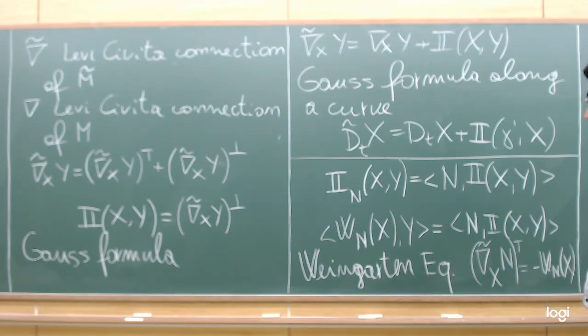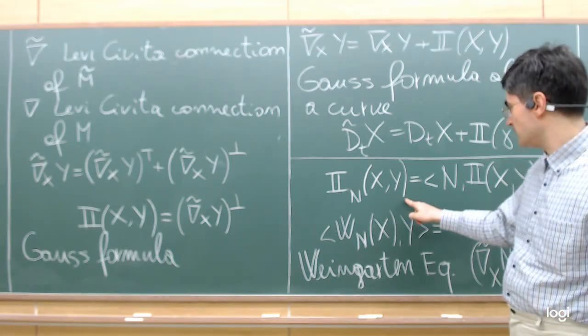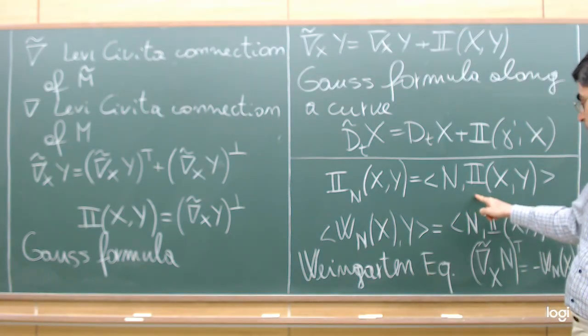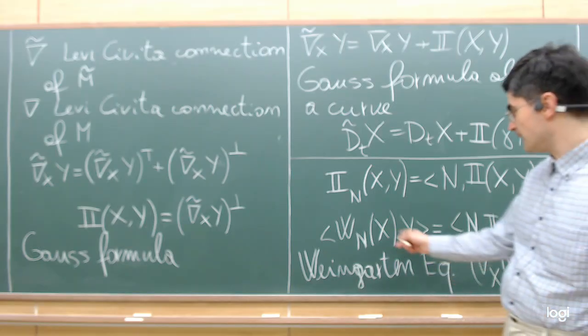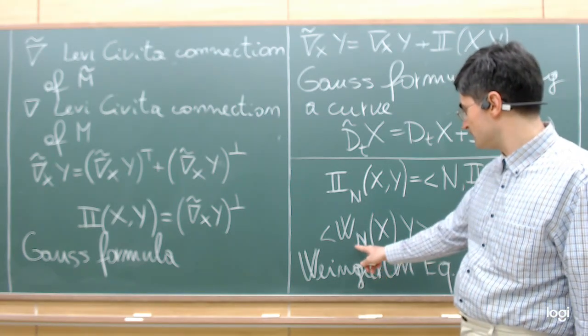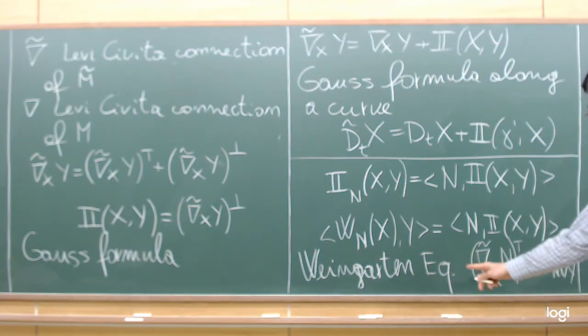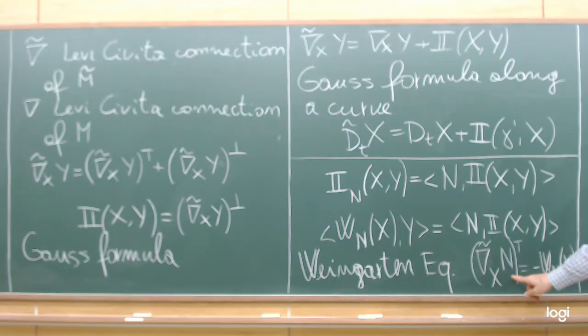Then we introduced the Weingarten map, considering first the normal component of the second fundamental form, and then defining an operator, a linear map, W_n x, writing this way, and we proved the Weingarten equation, which says that W_n x, after a change of sign, is equal to the tangential component of this covariant derivative.